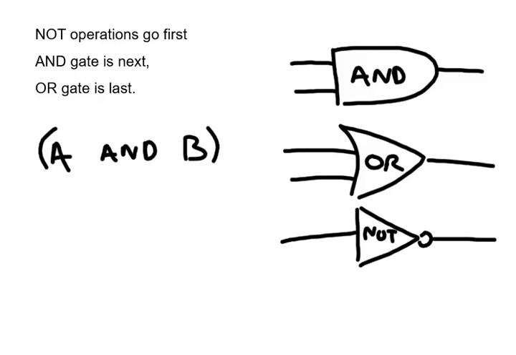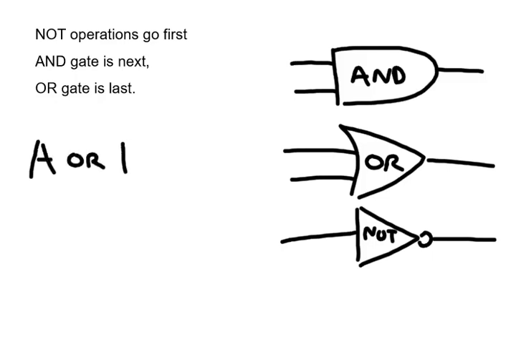So for example, if I had A or B and C, even though you would think it's A or B and C, in essence it's like that, because and has a higher priority than or.